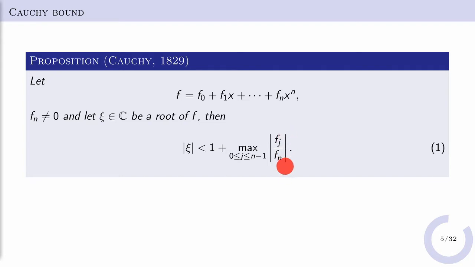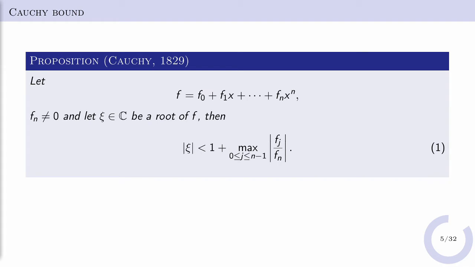of fj over fn. If we look carefully at this expression, we observe that these fractions are just the coefficients of the normalized version of f. So if we normalize f, if we make f monic, so if we divide by fn, then these will be the coefficients of the monic polynomial obtained from f by normalization.